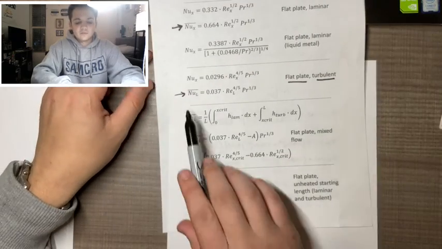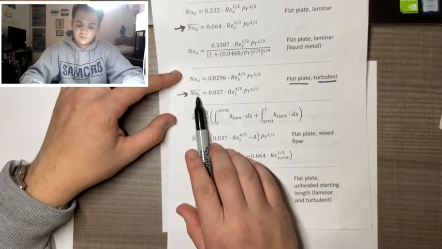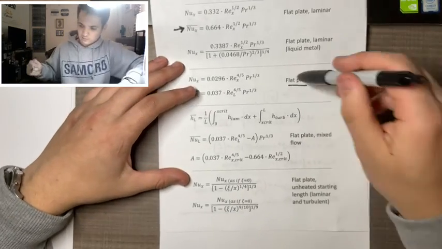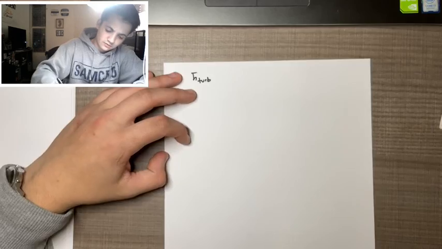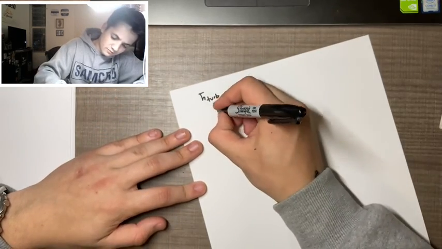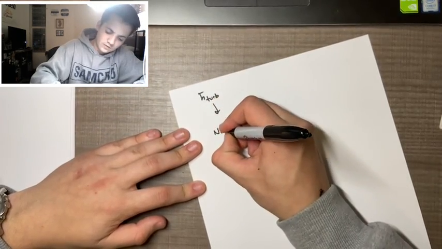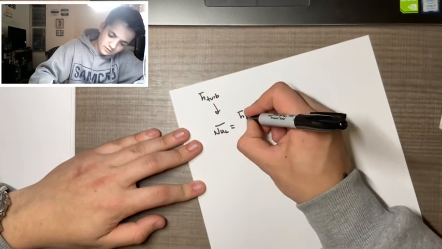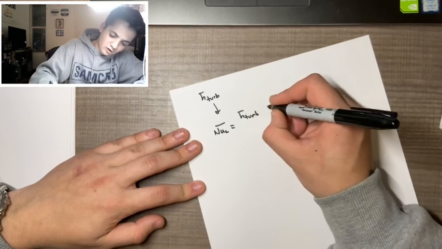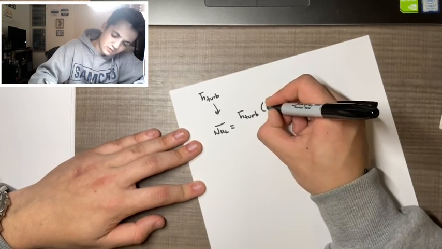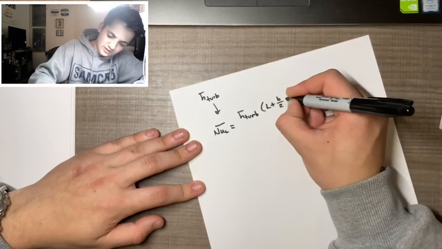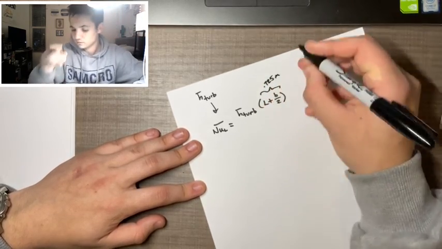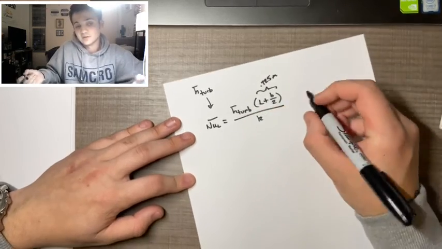For this one, we're going to want to use Nu-bar, for average coefficient. That's what we're looking for. Again, flat plate, turbulent, external flow. And from here, it's just a plug and chug. So we have Nu-bar turbulent is equal to 0.037 times our Re_L, which we determined before is 1.386 times 10 to the 6th, all to the power of 4/5, and then 0.707 to the power of 1/3. Then we use that L plus B over 2 distance, which we know is 0.725 meters, over k.